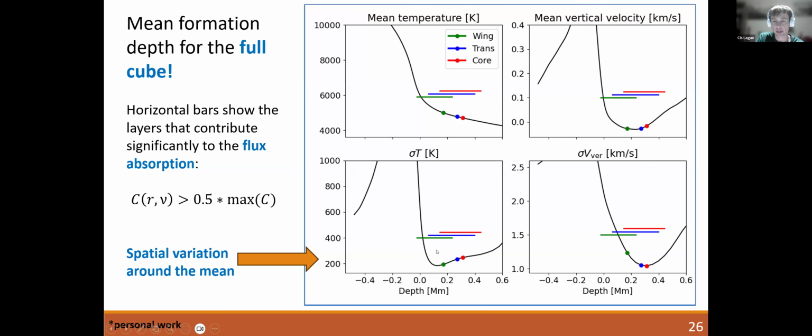Looking at the spatial variation at the bottom left specifically, so this is the variation of temperature around the mean, so around 200 Kelvin below or above the mean. And it's interesting now that the wings form at layers with less spatial variation of temperature, but more in vertical velocity. And otherwise, the core sees more variation in temperature while it sees less variation in vertical velocity.